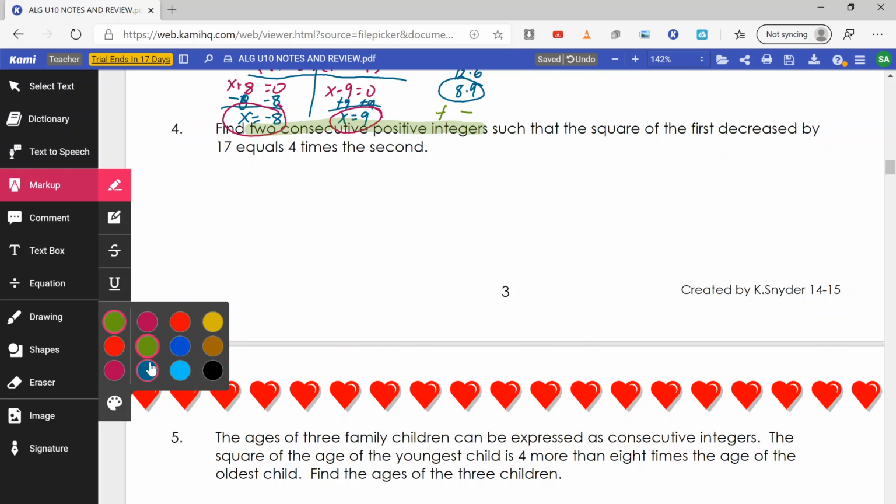And then it tells us the square of the first decreased by 17 equals 4 times the second.